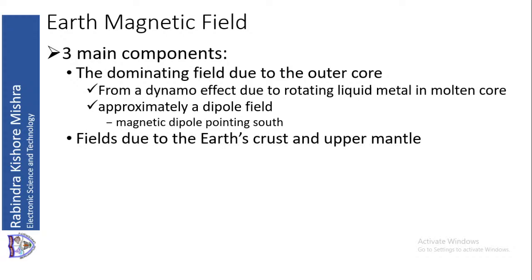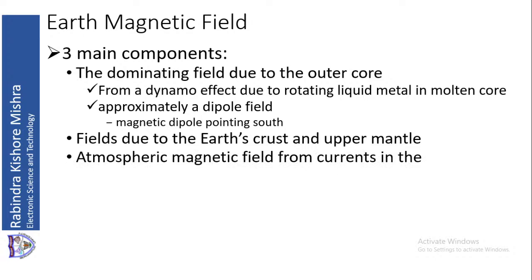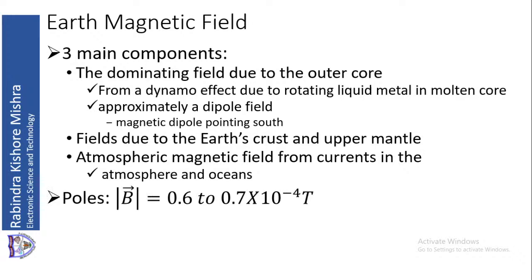Okay. Then the second component is fields due to Earth's crust and the upper mantle. Then the third is the atmospheric magnetic field, from the currents in the atmosphere and currents in the sea. So from atmosphere and ocean we derive a magnetic field.